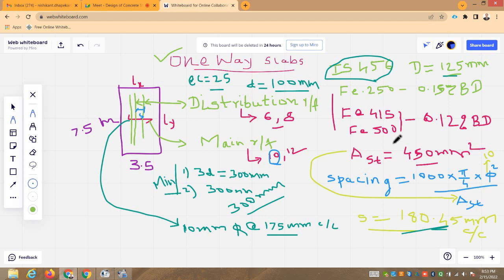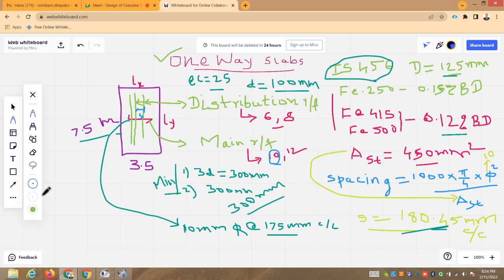Now let us see the distribution reinforcement. This is Fe415, 0.12% of BD. So 0.12 divided by 100 into B, you have to design for 1 meter. See, along the longer span it is 7.5 meters, right? So in one-way slab panel whatever we design, that is for 1 meter.